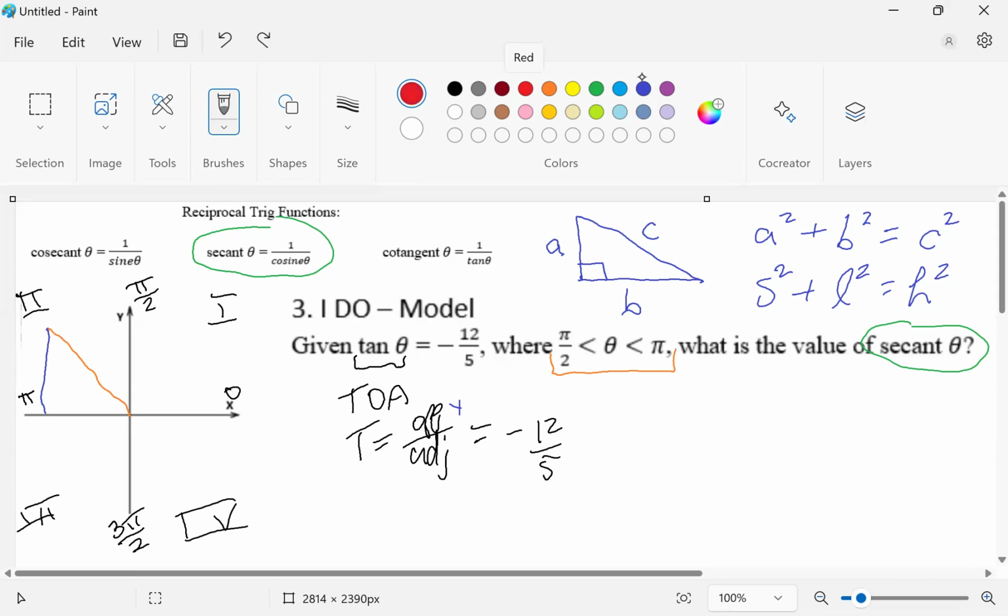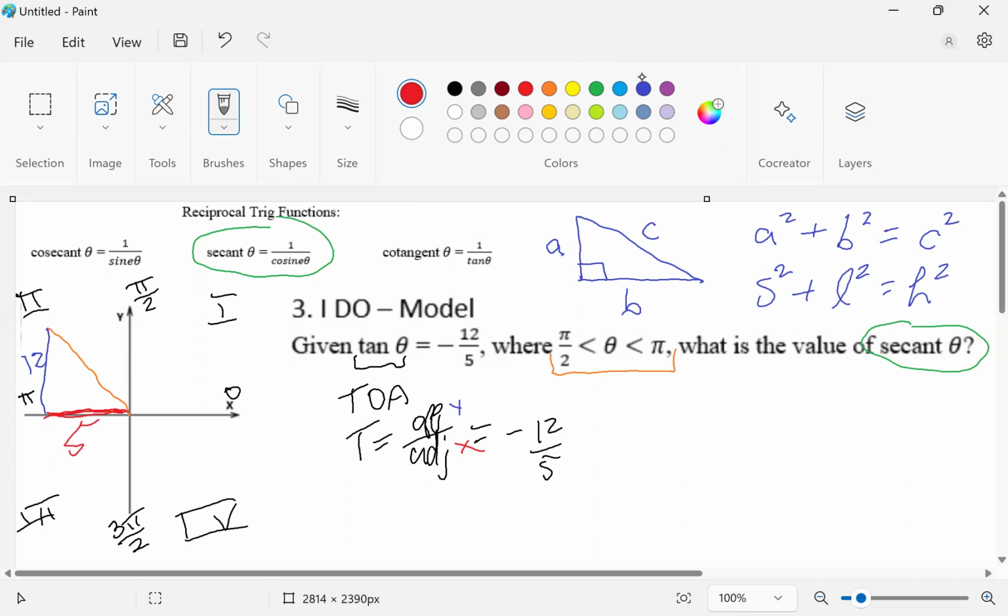And that the adjacent is the x. And now we're given the ratio, and we can use our side lengths and substitute them. So our y for opposite is 12. We'll deal with the negative in a minute. The 5 for the adjacent, for the x.